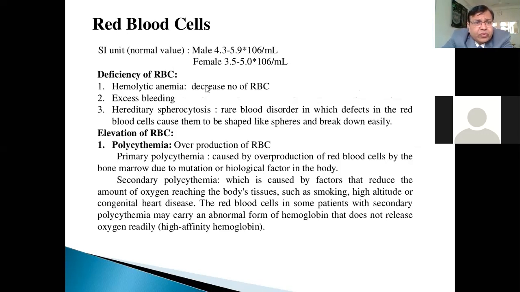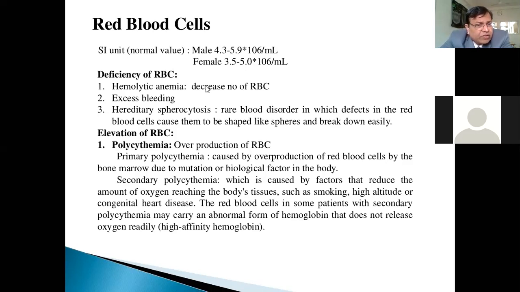Now, the normal value of red blood cells in a male is 4.3 to 5.9 lakh per square ml. Earlier it was counted under the slide in a manual method, but now it is calculated automatically by the machine.